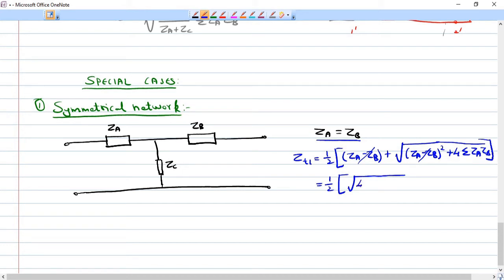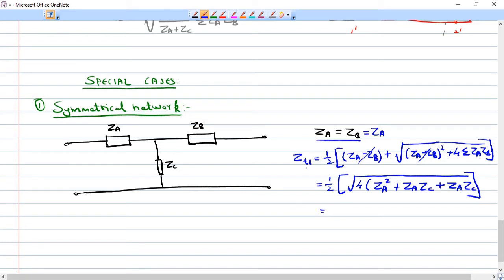So that is 4 times ZA into ZB. We will assume that ZA is equal to ZB is equal to ZA. So that will be 4 times ZA square plus ZB into ZC, that will change to ZA into ZC plus again ZC into ZA. Okay, so we have ZA ZC. When you take this 2 inside, we will have the expression.